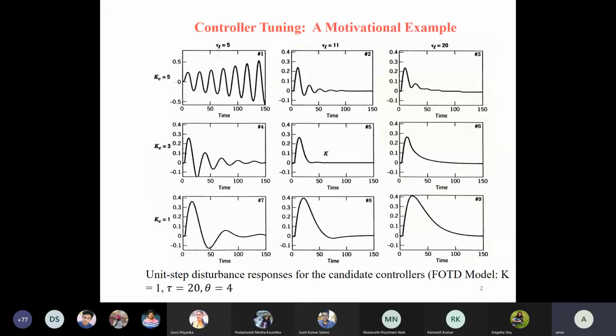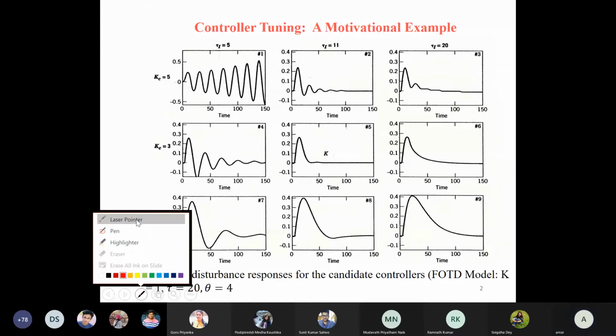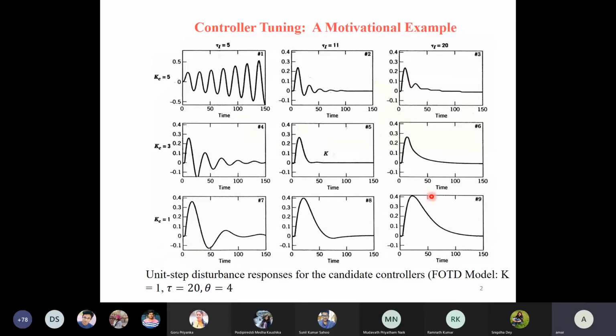So let's say I am using a proportional integral controller, that means a proportional action and integral action, for a particular process. With different values of the proportional and integral parameters, I can have a response like this. I can have a response like this. And from this response, how do we know which one is good?